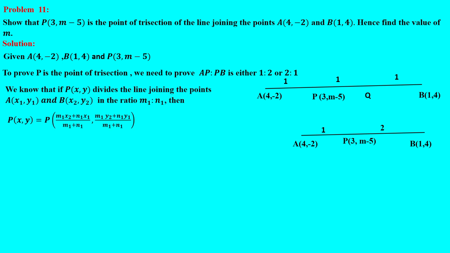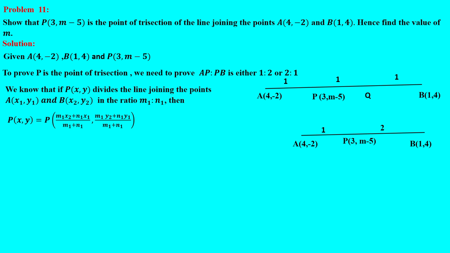We know P(x, y) divides the line joining the points A(x1, y1), B(x2, y2) in the ratio m1 is to n1. Because we already have m in the problem, that is why I am taking m1 is to n1 instead of m is to n.